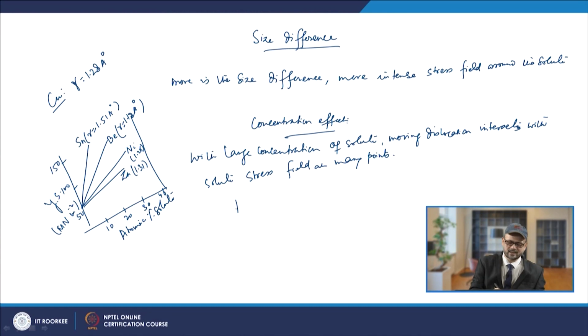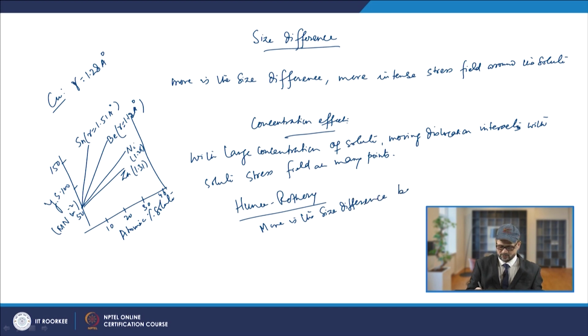The Hume-Rothery rule basically gives a limit on both conditions being satisfied, and it tells that the more the size difference between solute and solvent, the smaller will be the equilibrium solubility.